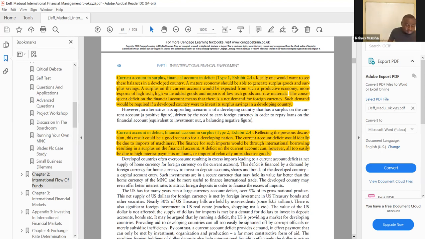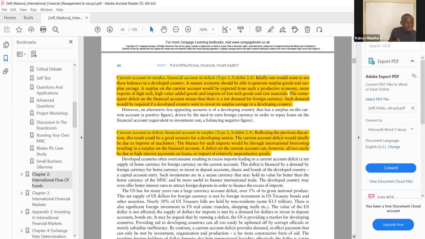The situation where the current account is in surplus and the financial account is in deficit is basically where you find it more in developed economies, mainly because, look at it this way from a practical perspective. For example, in Africa, we export a lot of raw materials to other developed nations.